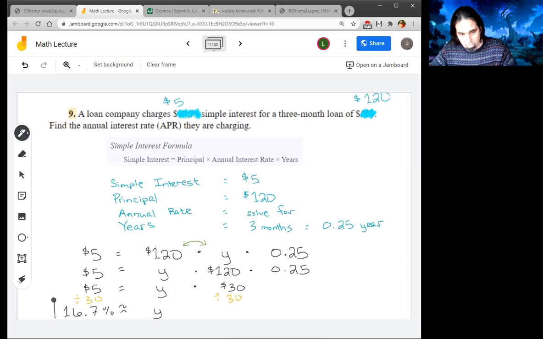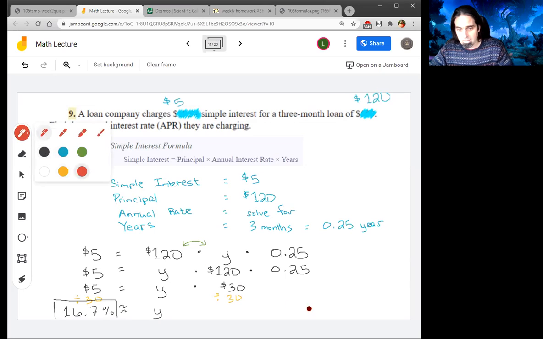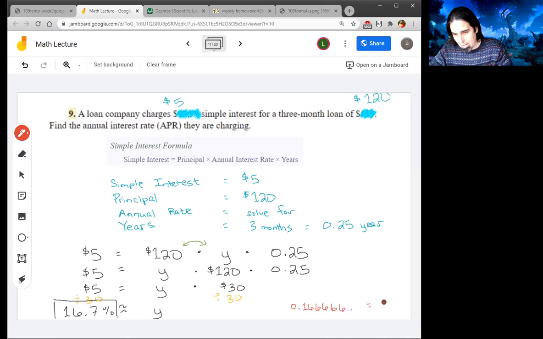What my calculator actually tells me is 0.1666666, right? But I'm calling that 16.7%.